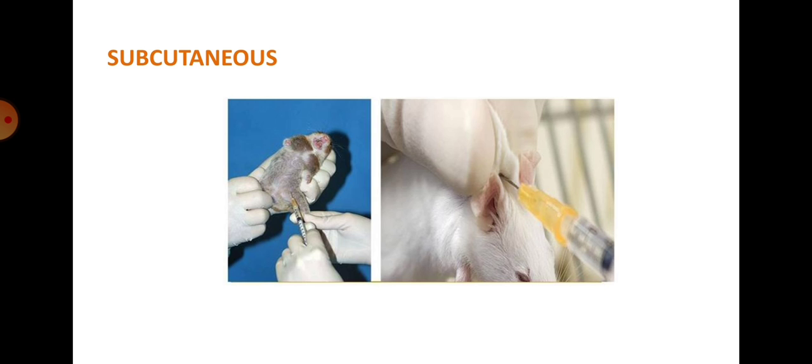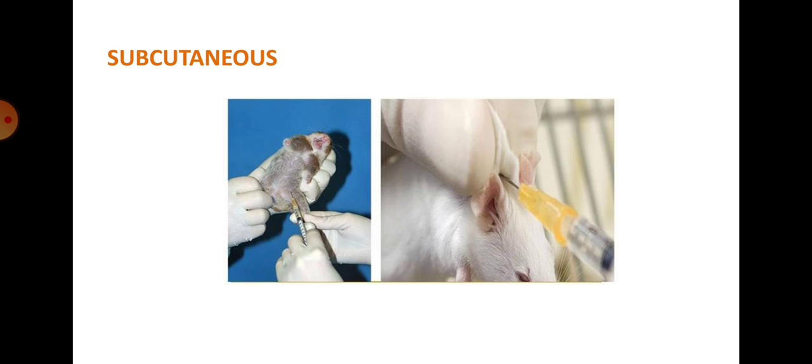A mouse may easily be injected by one person, whereas a rat may require restraint by one person and injection by the other, as you can see clearly in the second picture. Not suitable for large volumes, suitable for some insoluble suspensions.